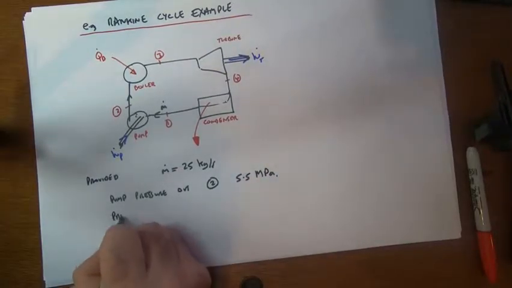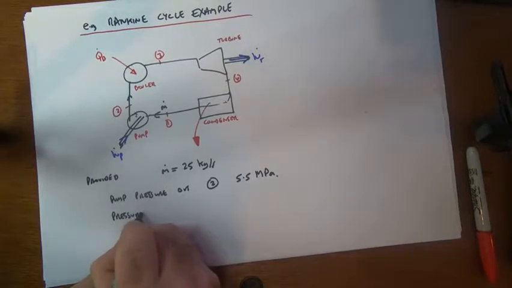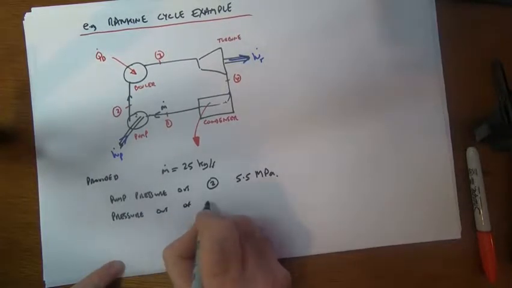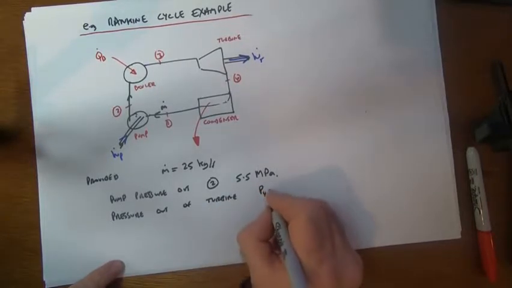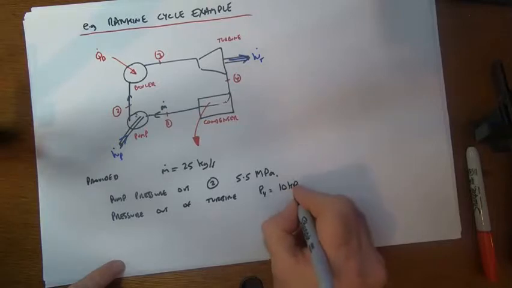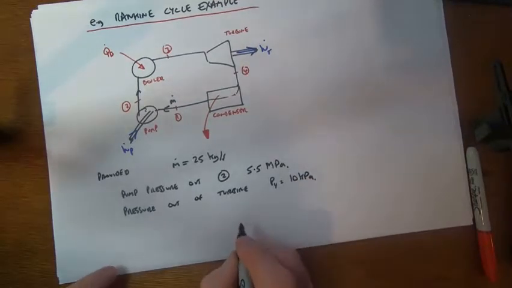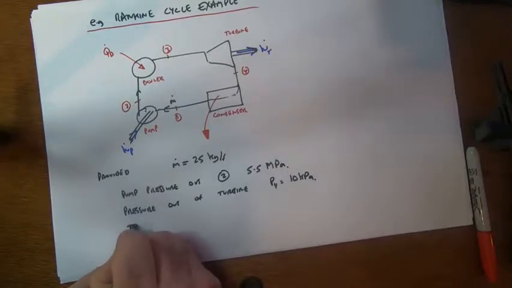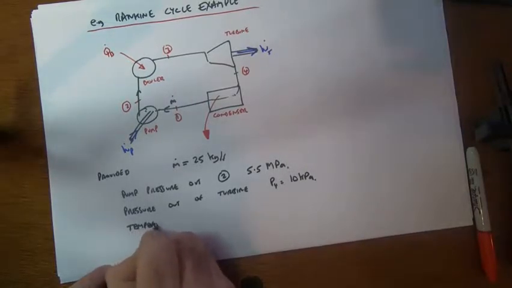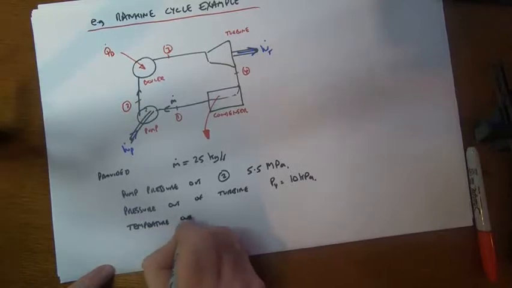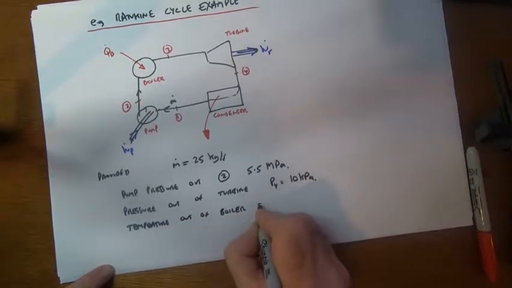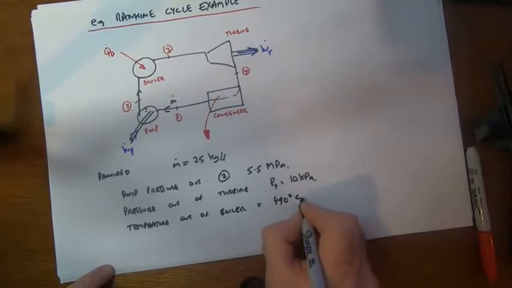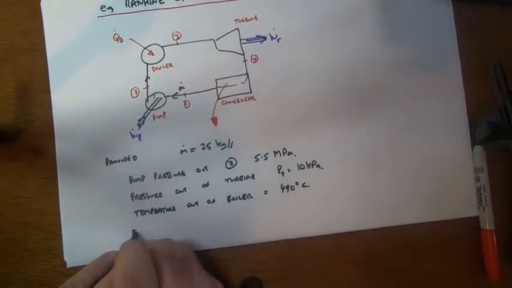Pressure out of the turbine, so P4 equal to 10 kilopascals. What else have we got? Oh, we're given the temperature out of the boiler as well, 490 degrees C.